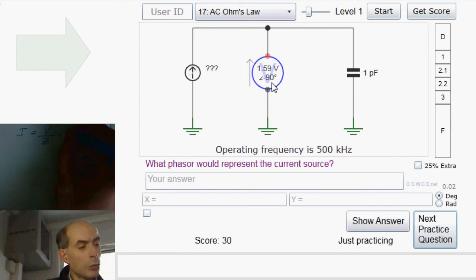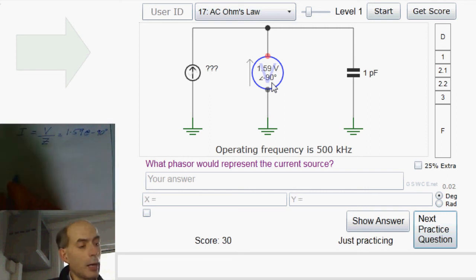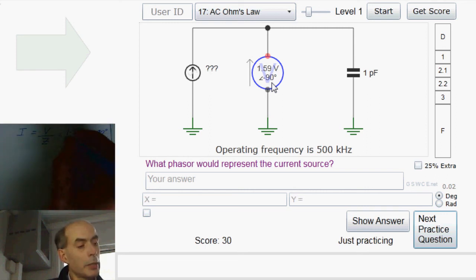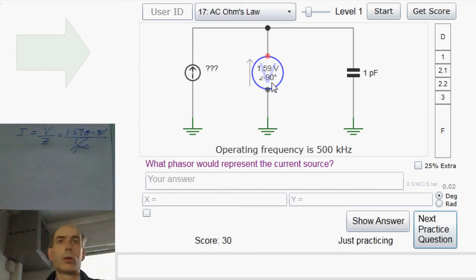V is 1.59 at minus 90 degrees, and Z is going to be here, well, it's a capacitor, 1 over j omega c. Work all that out.